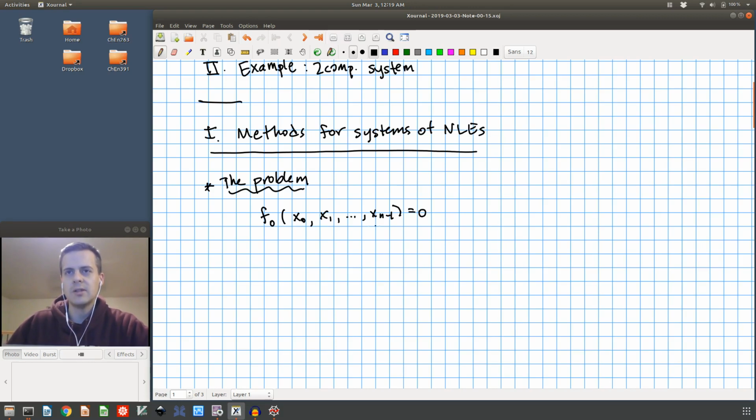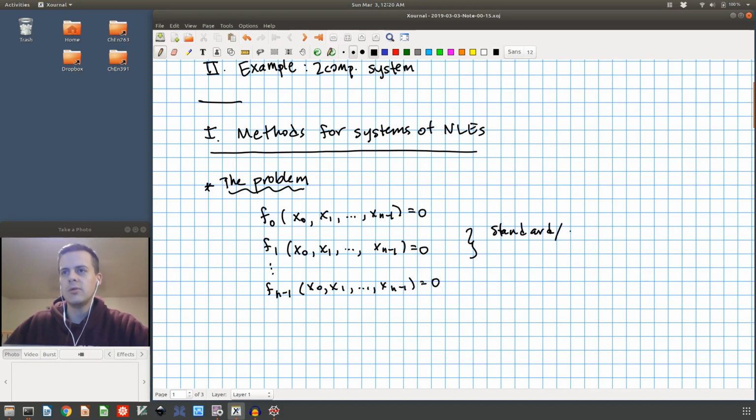I have multiple x's, and I'm going to have an f1 all the way down to an fn minus 1, where this is now x0, x1, ..., xn minus 1, and fn minus 1 down here is the same thing, x0, x1, ..., xn minus 1 equals 0. Notice that this is in standard form or residual form, so it equals 0.